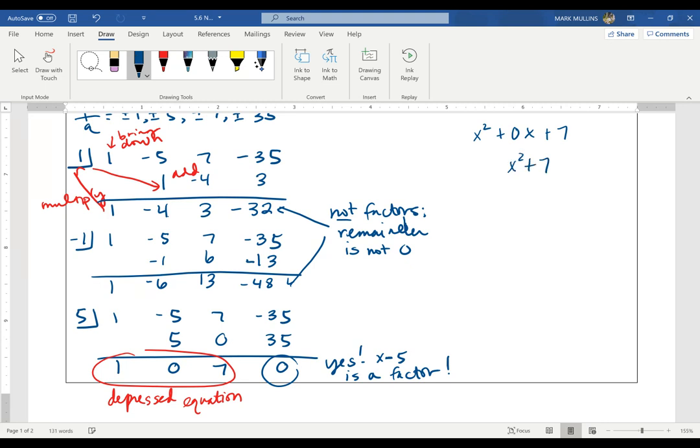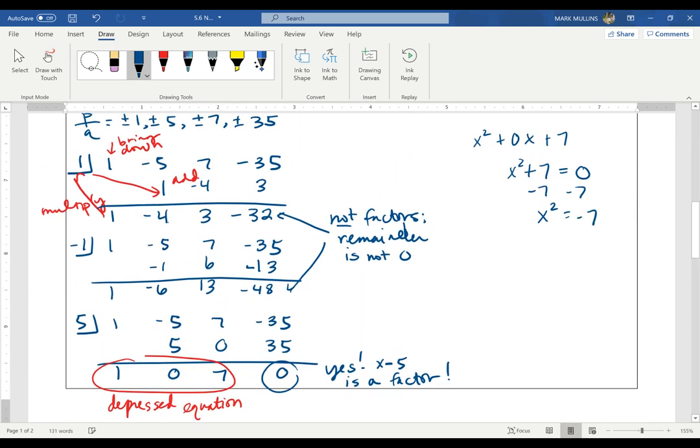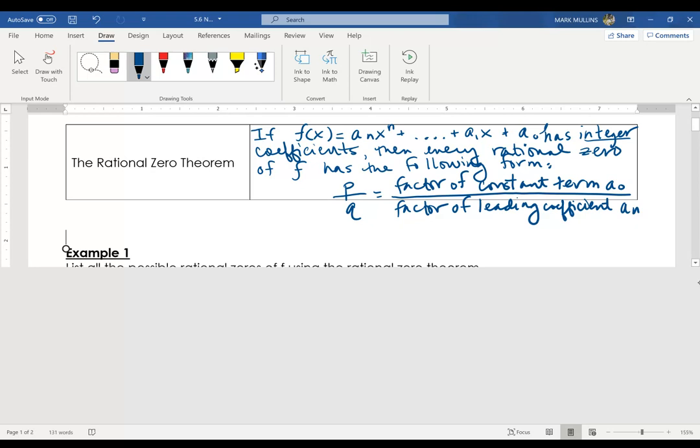And I am trying to find all real zeros, so that means I'm making it equal to 0 and I'm solving. So I'm going to solve this by subtracting 7 and taking the square root. I recognize that I can't factor, and I do not need to do the quadratic formula.